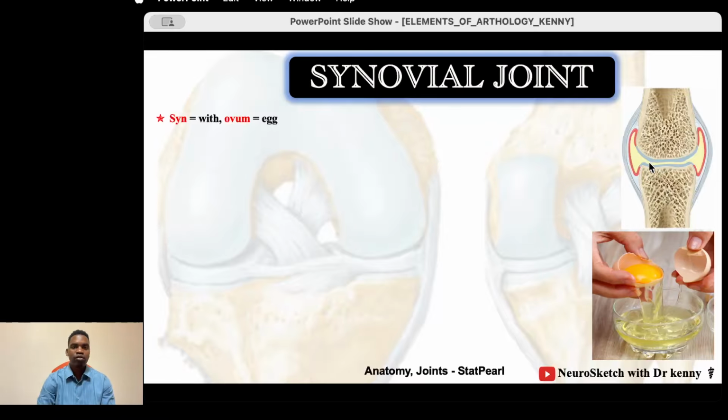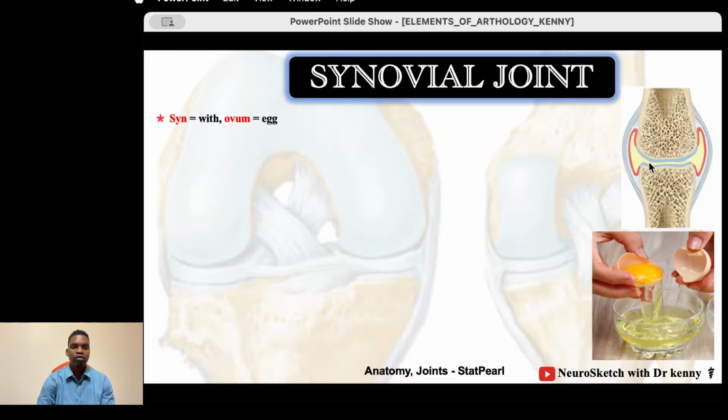It's known as such because of the presence of egg white-like material within the synovial joint. Just as we said previously, synovial joints are known to have a joint cavity, and a joint cavity, or synovial cavity, is a characteristic feature of a synovial joint.